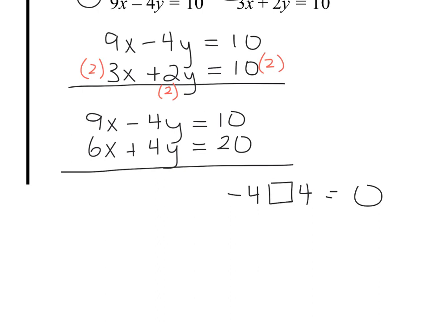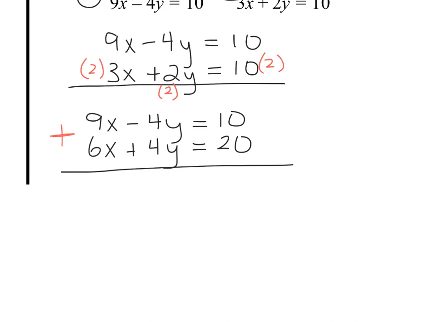So just by using my mental math knowledge, I know that if I add these two numbers together, it's going to give me 0 because negative 4 plus 4 is 0. So that means that in front of my system of equations, I'm going to put a big addition symbol.